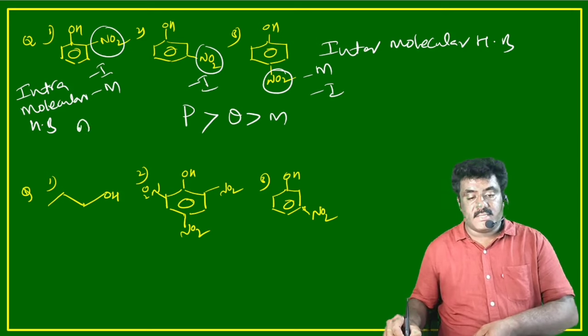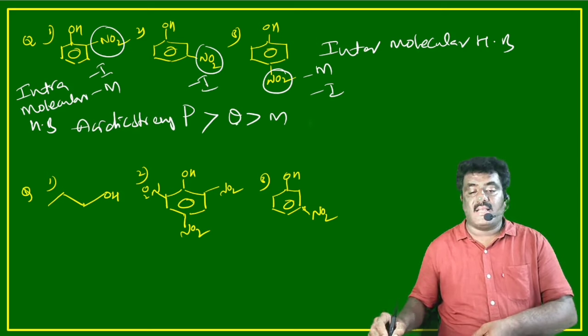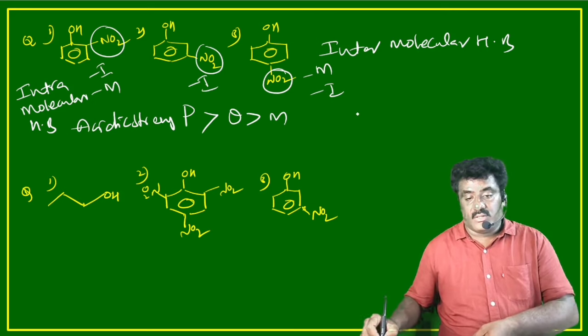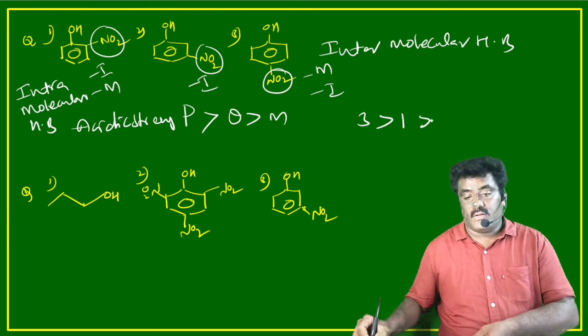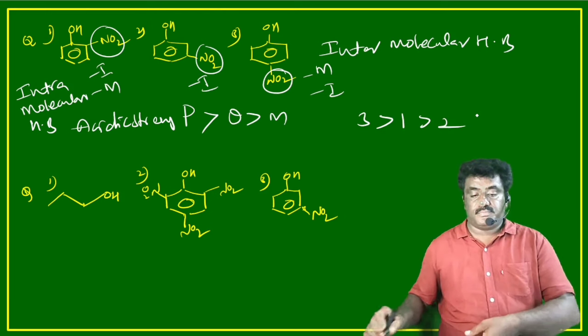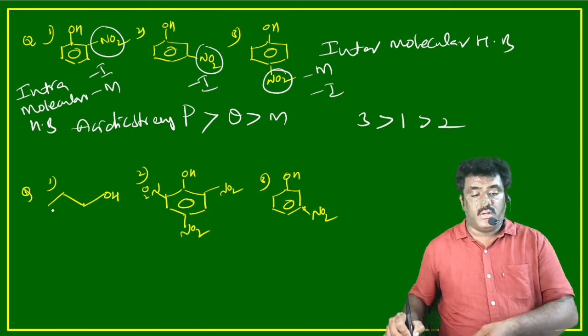The acidic strength is para greater than ortho and meta. So I am giving numbers: the most acidic is 3, after that 1, after that 2. Now coming to the next question.